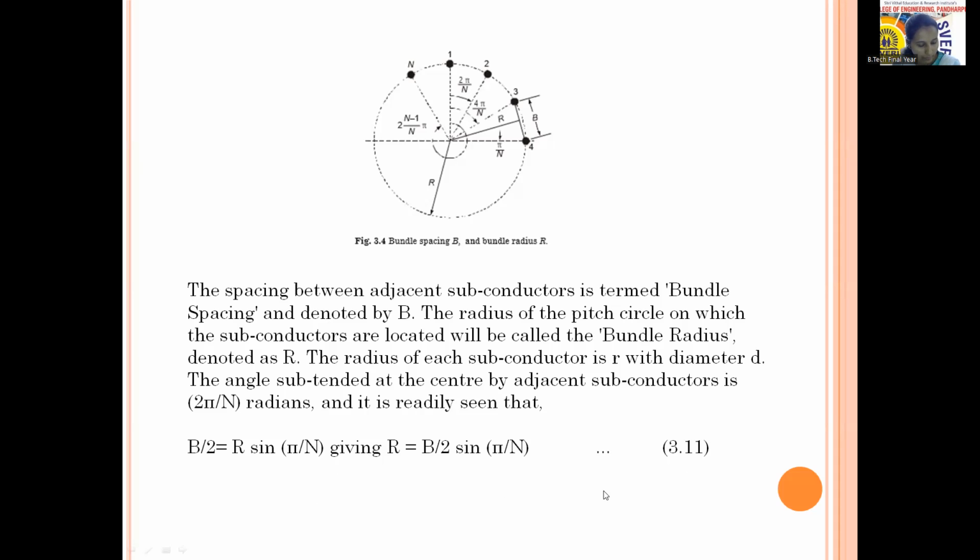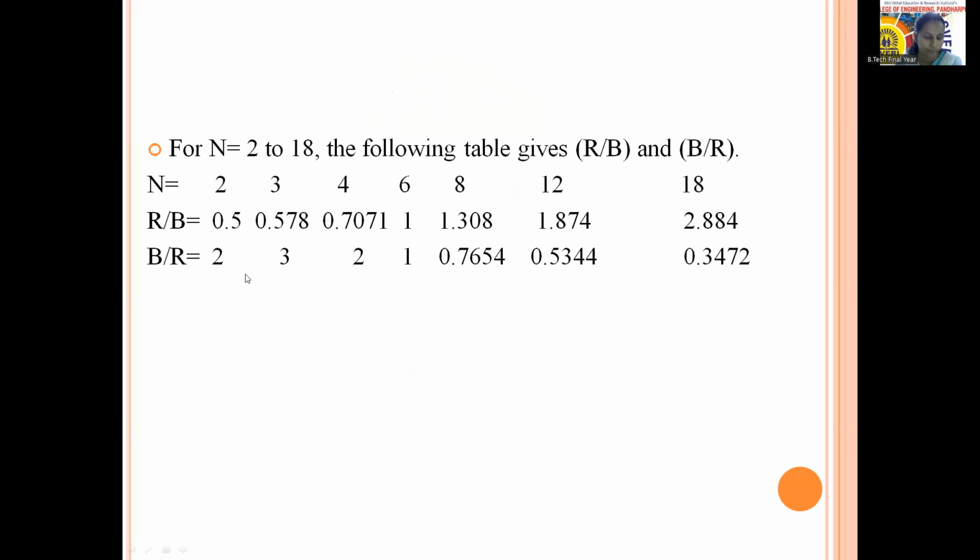So b by R we get as 2. All of you are getting how this b by R came.